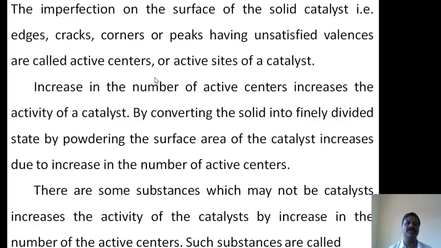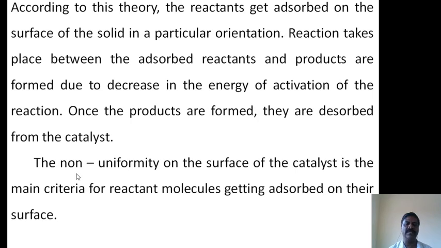Usually, non-uniformity on the surface of the catalyst is the main criterion for the reactant molecules getting adsorbed on the surface. Therefore, the surface should not be uniform; it should be non-uniform. If the surface of the solid is uniform, then adsorption does not take place properly.